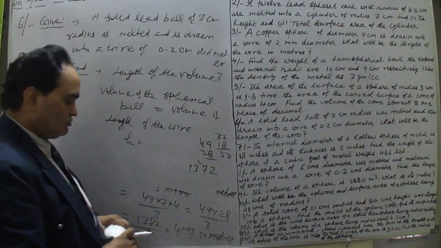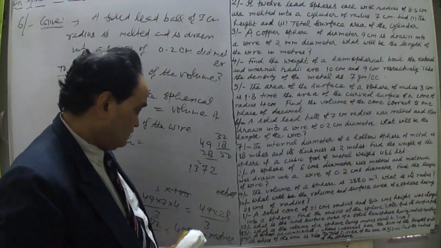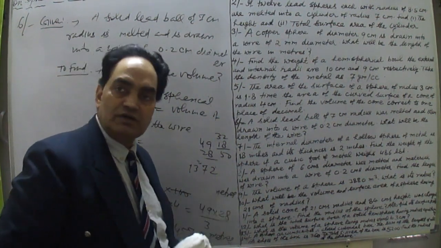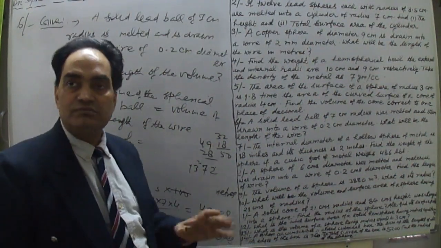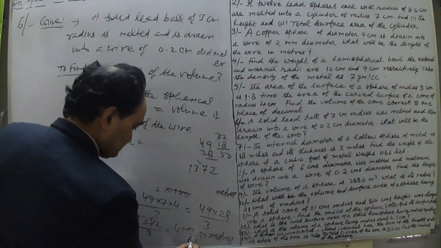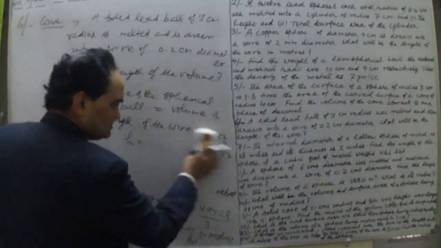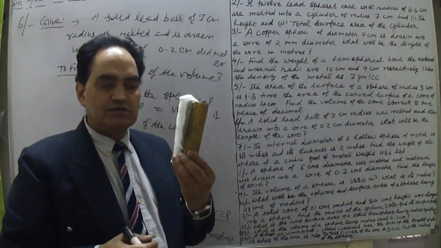We have converted this into meters. If it were in centimeters, it would be 45733.33 centimeters, but this is in meters now, 457.33 meters. So this is the answer, the length of the wire. It is the length in this case, because a wire cannot stand vertically.